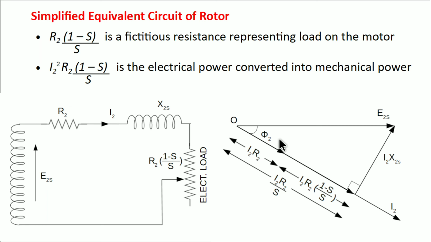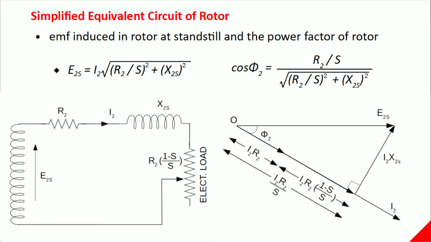Now let us further see the EMF equation. From here we can write that E2S is equal to current multiplied by impedance: I2 into the square root of (R2 over S) square plus X2S square, where the impedance is the hypotenuse.